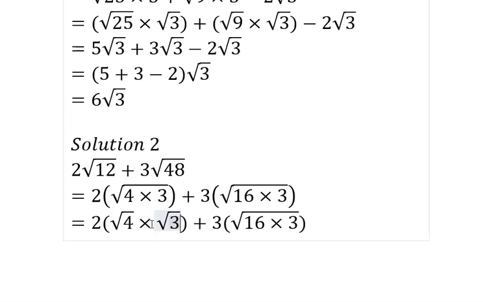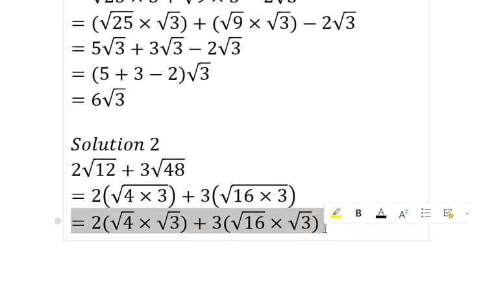Beautiful. So we've been able to split what we have here. In the same way, we can split what we have here as well. These are root 16 and root 3. Root 16 and root 3. Beautiful.